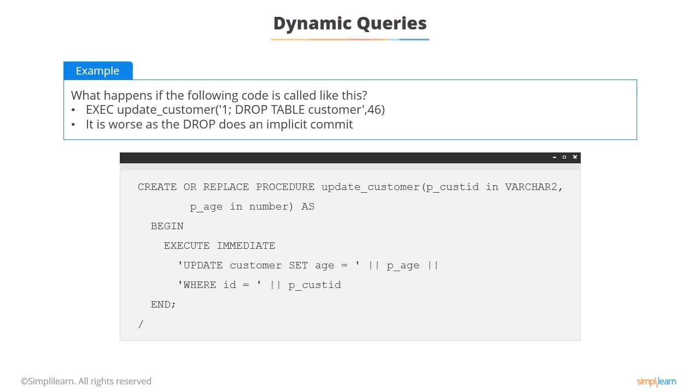The semicolon starts a new statement, and then we add a drop table, and it does. So what happens if you execute that particular statement there? It'll do the update, and then it'll immediately drop the table and commit it, because the drop does an implicit commit, which is even worse.